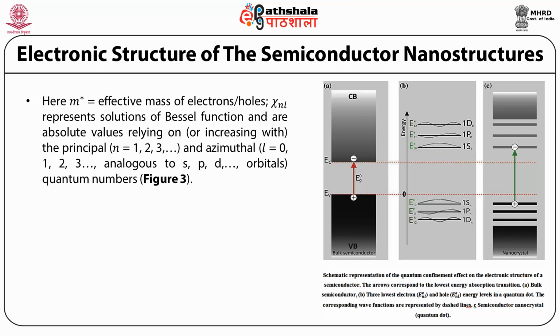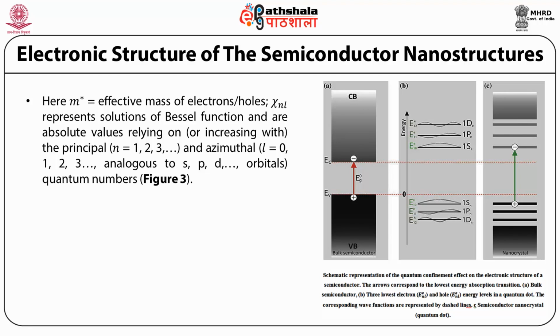Chi n l represents the solution of the Bessel function and are absolute values increasing with the principal n equal to 1, 2, 3 and azimuthal l equal to 0, 1, 2, 3, analogous to s, p, d orbitals quantum numbers.